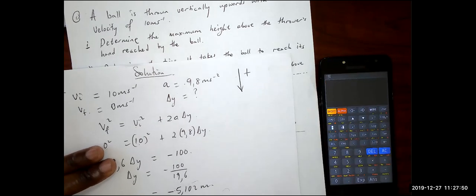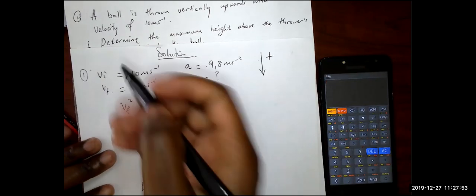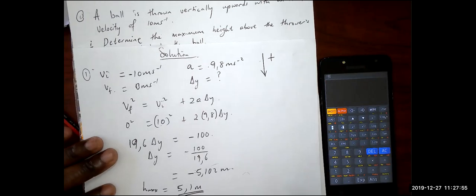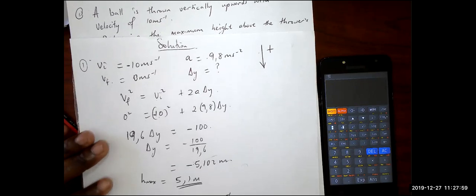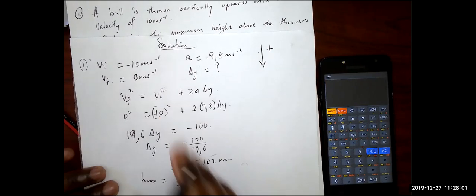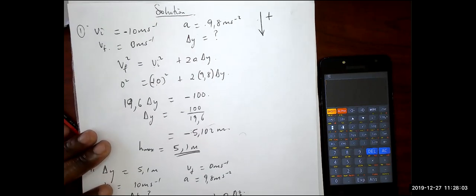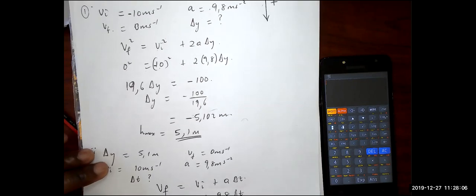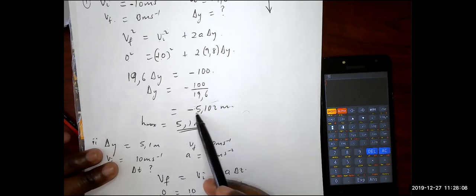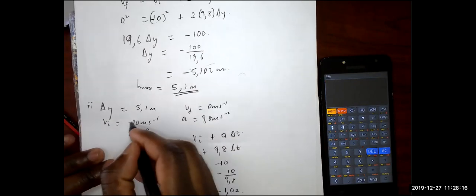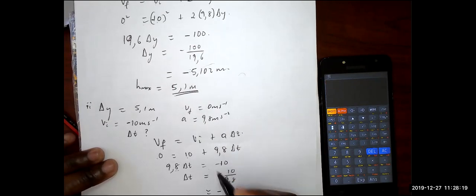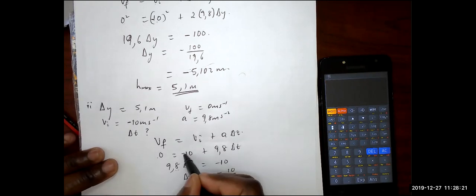If we choose downward as positive, it means that our initial velocity here will be negative, but it's still going to give us the same answer, because if you square a negative, it gives you a positive value. And that is why your value here will be negative. Then again, our initial velocity should be negative, and if it is negative here, it means it's going to be negative like that.